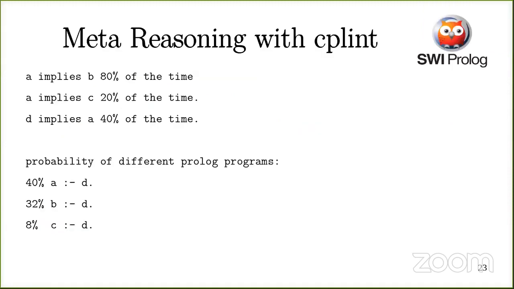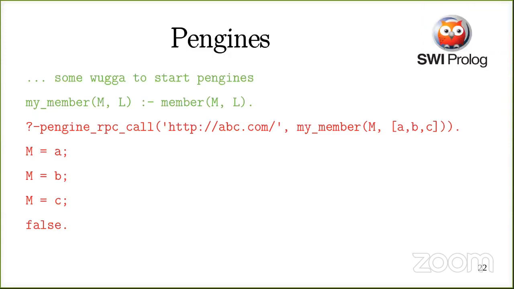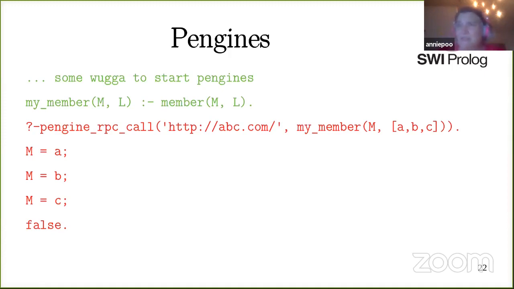Henning, I have another question from Hans about Pengines. Okay. And the question is: is there any current development in Pengines, for example, other possible clients? I don't know of anyone writing a Pengines client at the moment. However, there are already Pengines clients for a large number of languages.